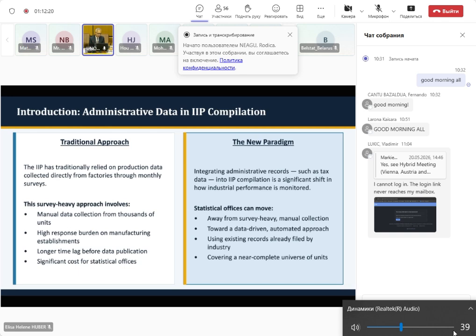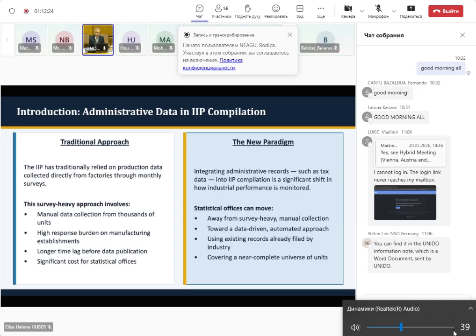There was a high response burden on manufacturing establishments. In fact, the same unit might have to provide data for prices, data for production, and other ancillary information that the specific ministry requires for policy purposes. So these factories or establishments are overburdened with providing responses.